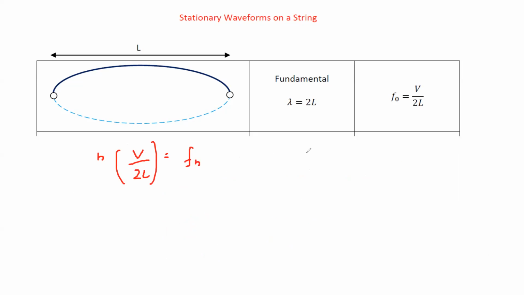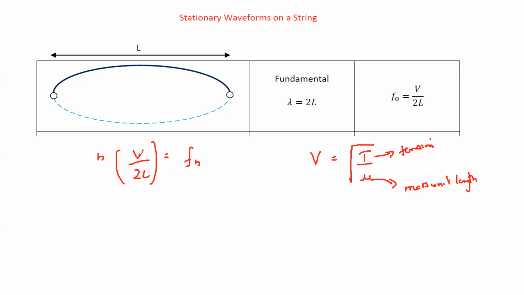And there is also another formula for the speed of the wave in a string, that is V equals the square root of T divided by mu. What is T? T refers to tension, how much force is there in the wire, and mu refers to mass per unit length, how much mass is there in a unit length for a string or a wire.